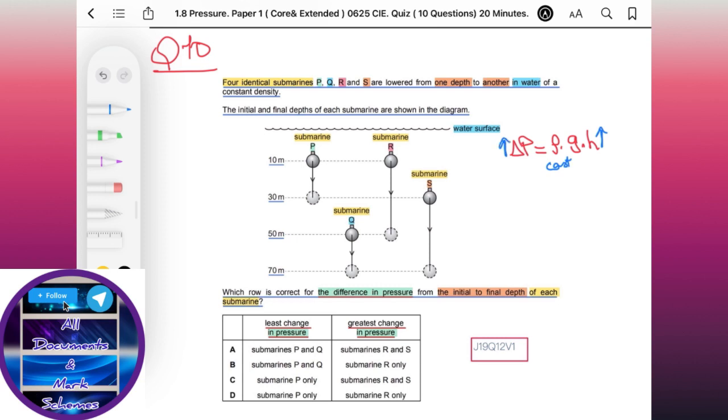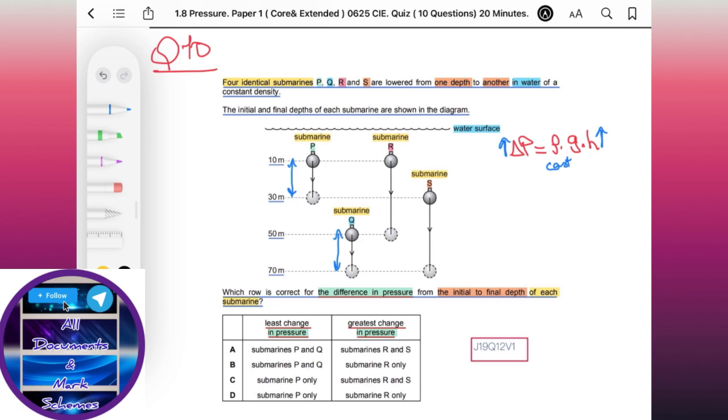If you compare, you will find the pressure acting on submarine P: the depth changed from 10 to 30, so change in depth is only 20 meters. For submarine Q, from 50 to 70, also 20 meters.